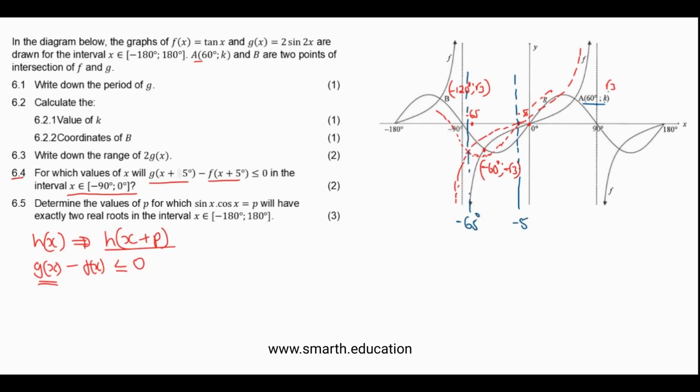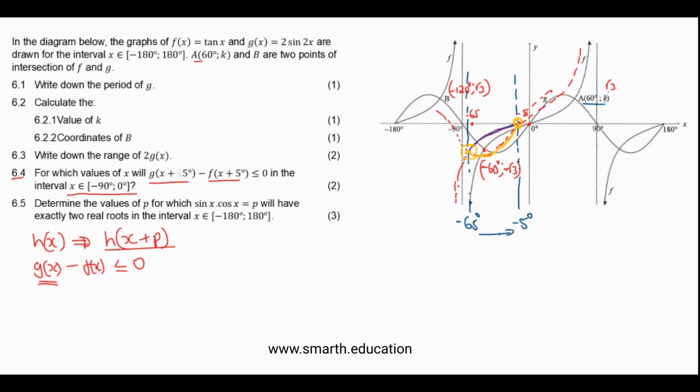And then this is where f(x + 5) is greater than g(x + 5). Remember, 0 is included, so this point here is included, and even here is also included. If you subtract these two at the point of intersection, they are equal, so if you subtract them, they're going to give you 0. So -65 degrees is included, and -5 degrees is included.